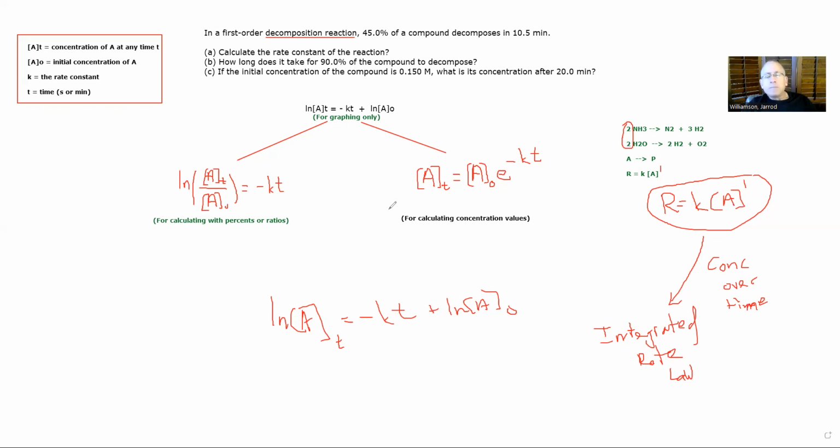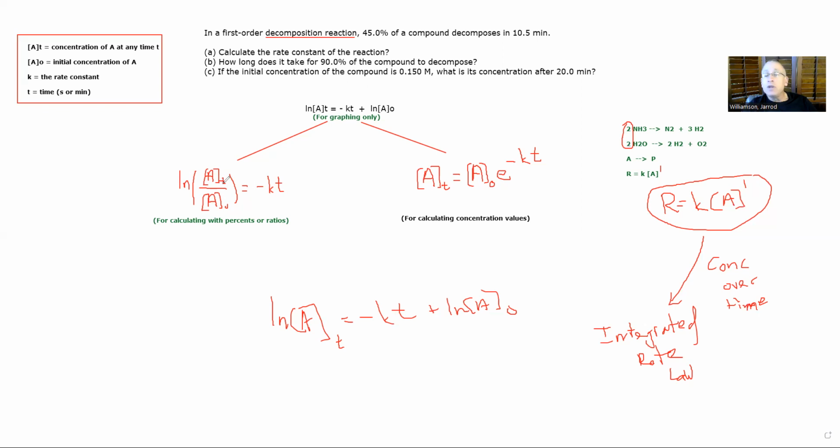Now, something I'm going to remind you of: when you use integrated rate law for first order reactions, this equation right here is really tricky and hard to use correctly. Don't use this when you solve problems for homework or for the test unless you're doing graphing. If I rearrange the algebra, I can get this form: natural log of At over A naught equals minus kt, or At equals A naught e to the minus kt.